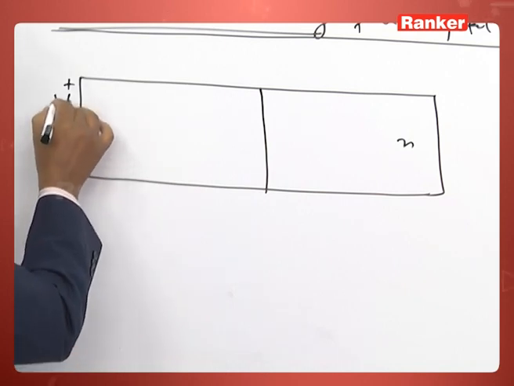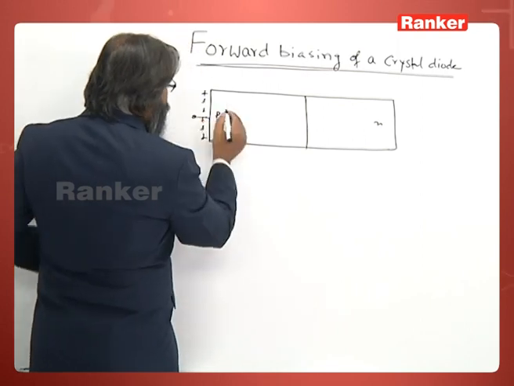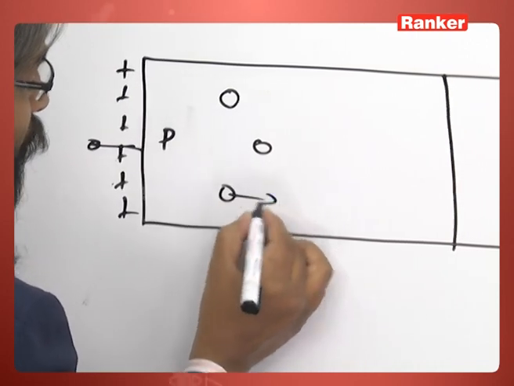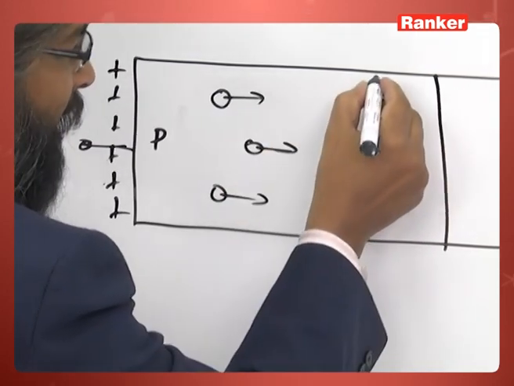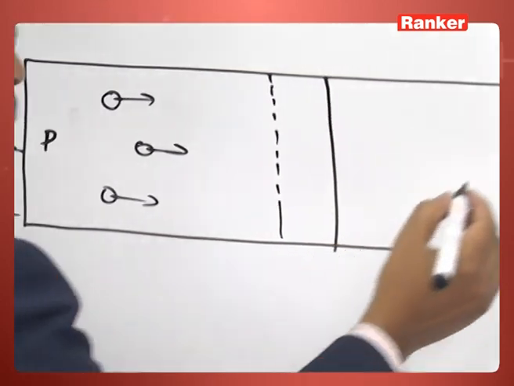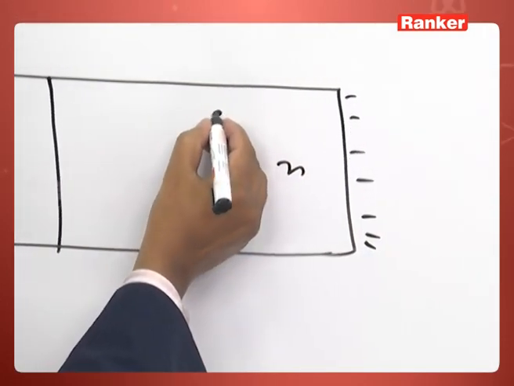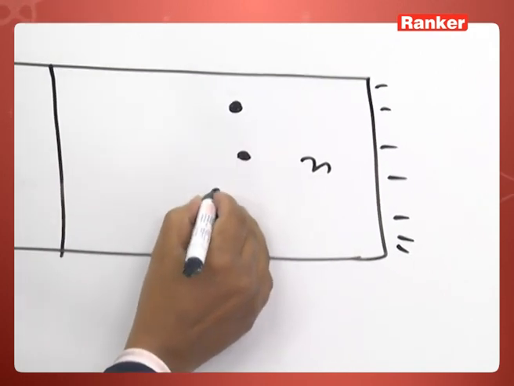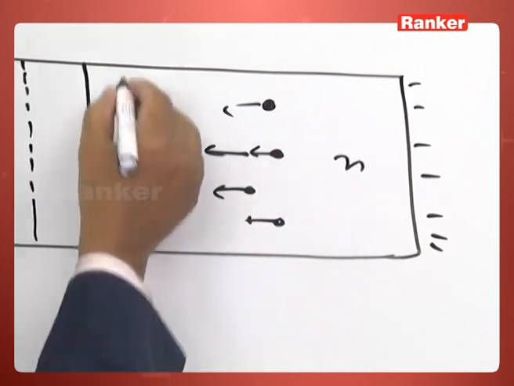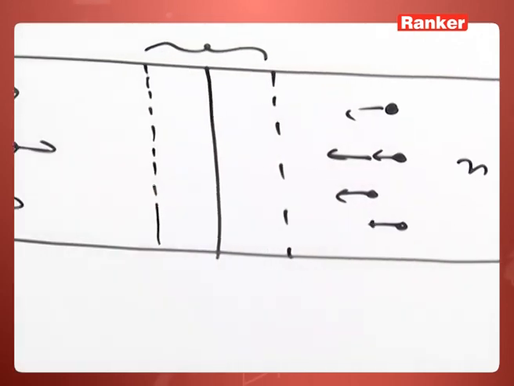So what happens? These holes are pushed towards this. As a result, this depletion layer is reduced, and I have applied a negative potential on this side, so these electrons will be pushed towards this side, and so you see the depletion layer has become thin.